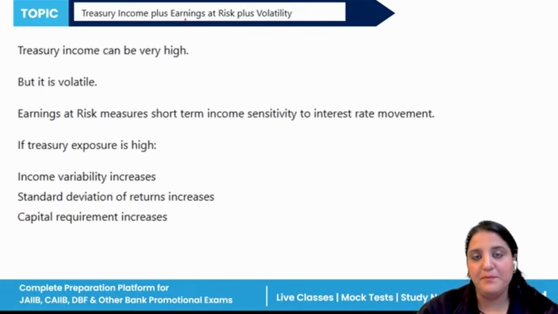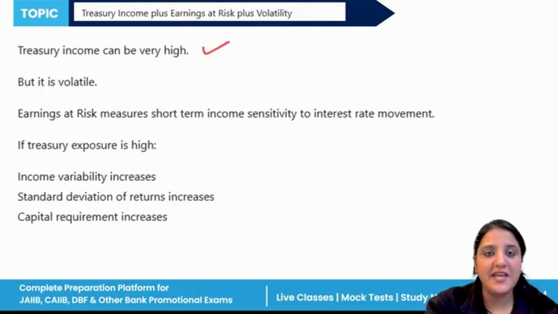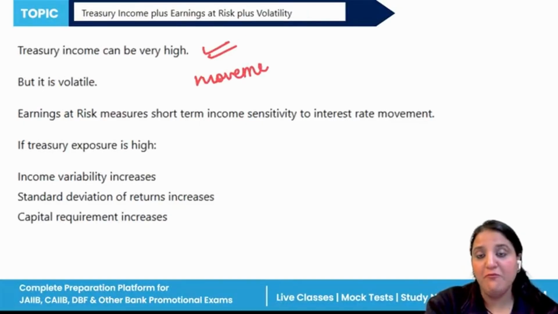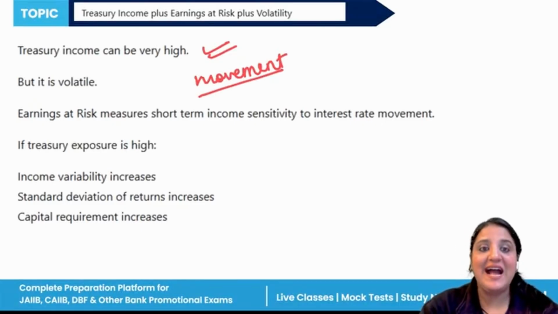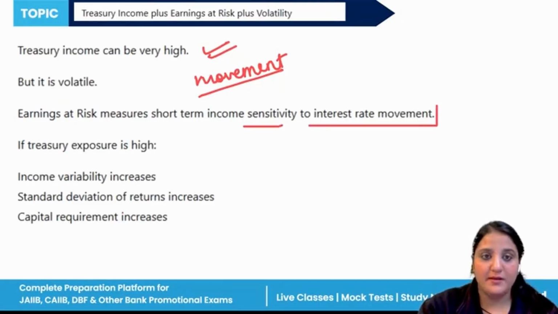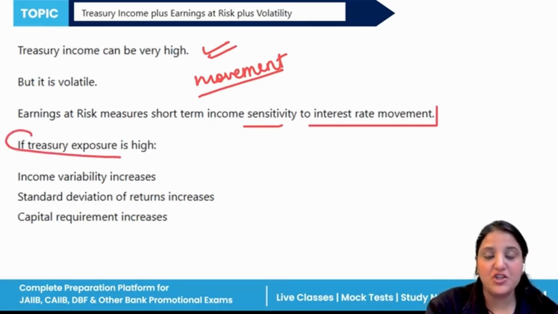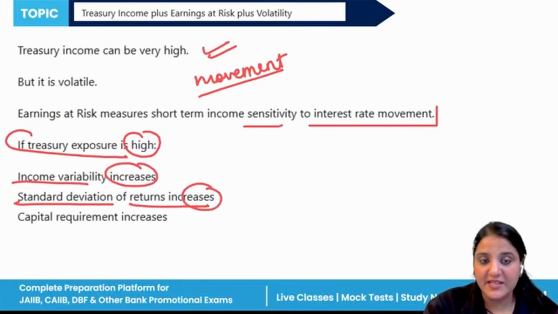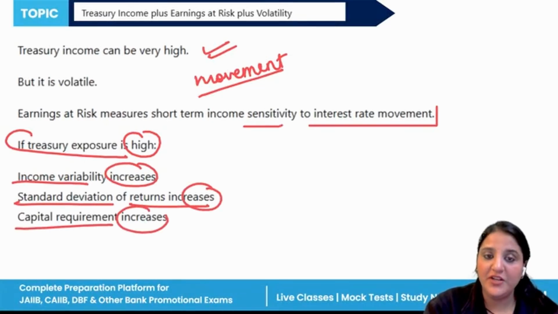Now, treasury income plus earnings at risk plus volatility. Treasury income can be very high, but it is full of movement, volatile. Earnings at risk measures short-term income sensitivity to interest rate movement. If treasury exposure is high, income variability will increase, standard deviation of return will increase, and capital requirement will increase.